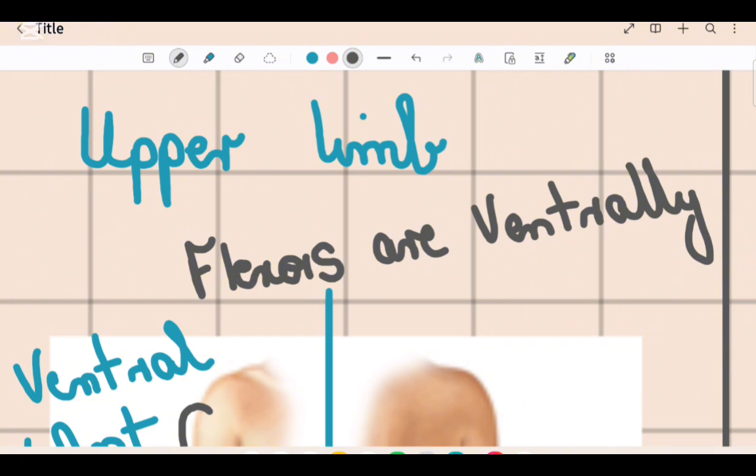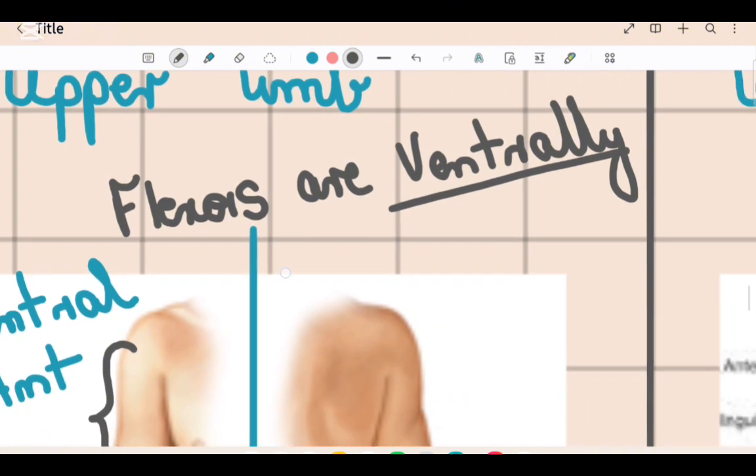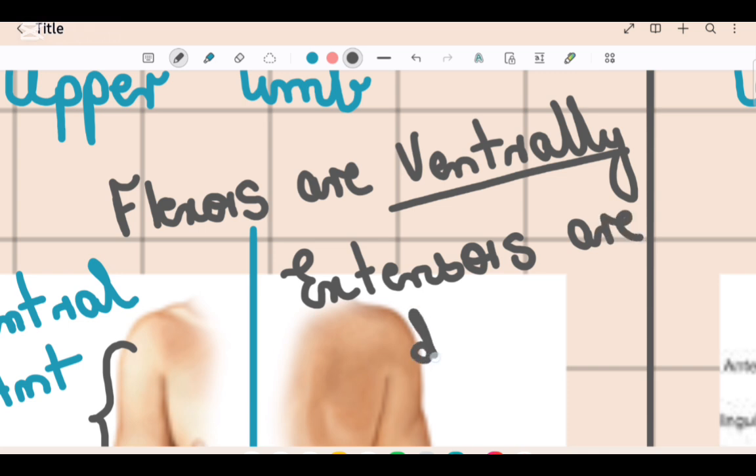So the muscles present at the anterior aspect of the upper limb are called the flexors, whereas the extensors are dorsally or posteriorly placed.